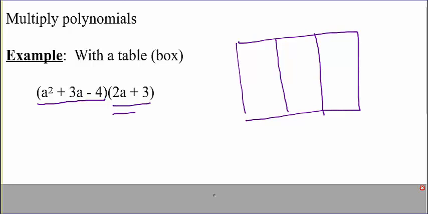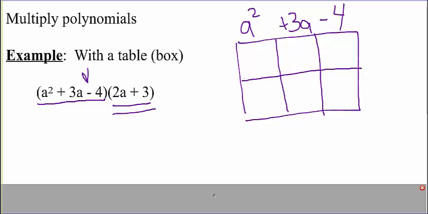In the second polynomial, it's got 2 terms, so I'm going to have 2 rows. 3 columns for the first expression, 2 rows for the second. So I'm going to write the first expression on the top. So I have a squared plus 3a minus 4.